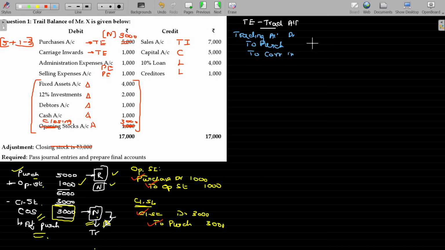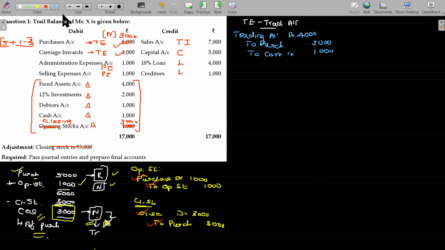How much is that? Purchases is 3,000 and carriage in is 1,000. Only two items are available, right? So I have posted these two items. The total value being 4,000 rupees.